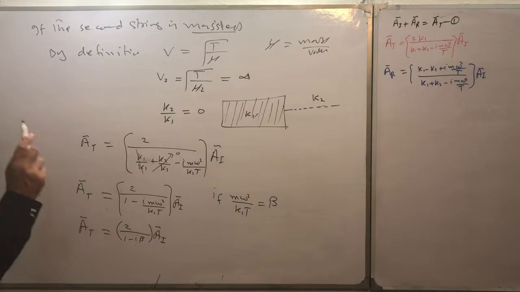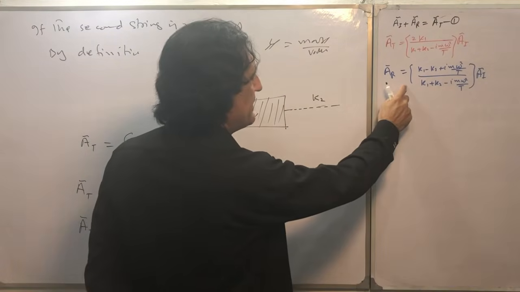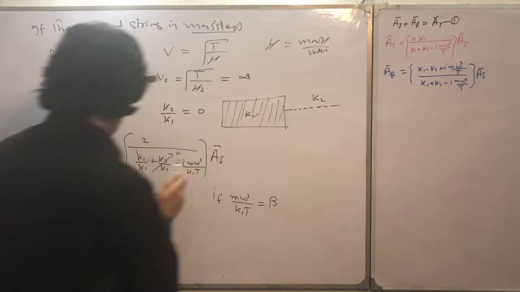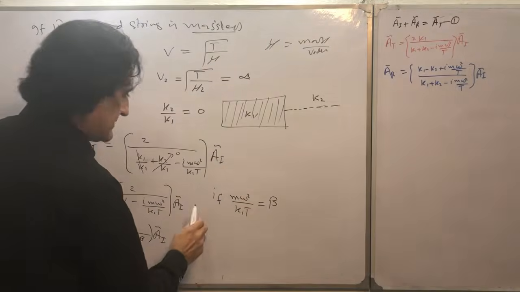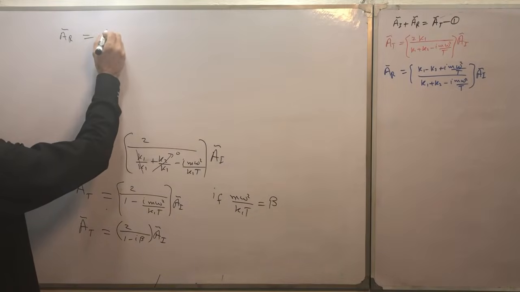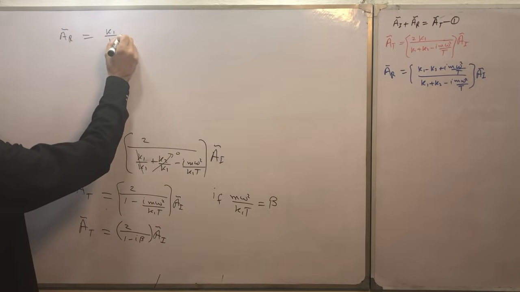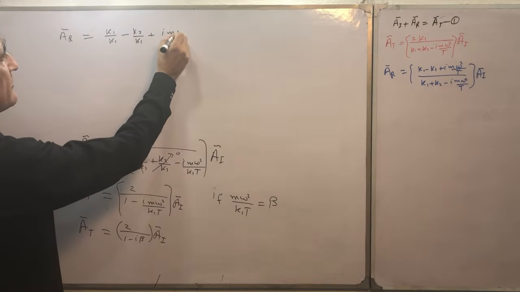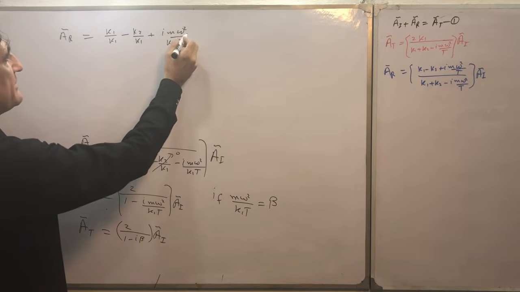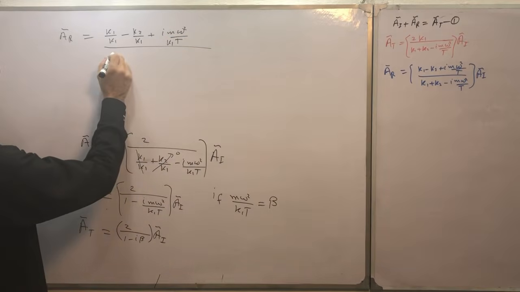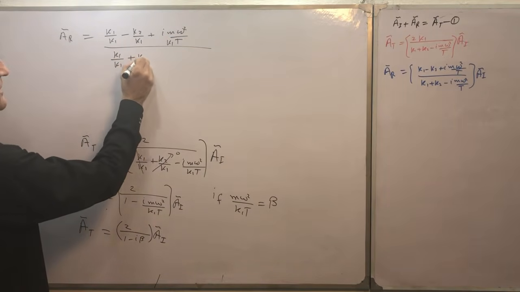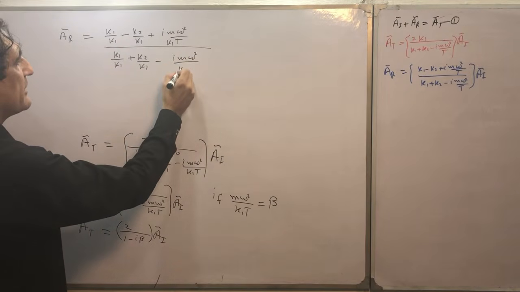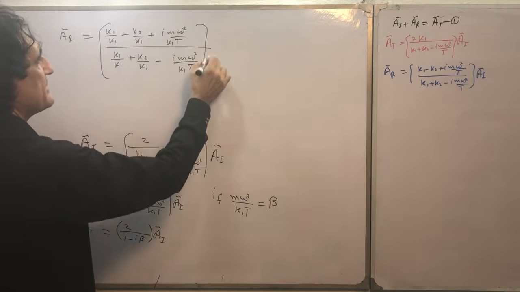Similarly, the same process if we apply for this AR, then AR is k1 divided by k1 minus k2 divided by k1 plus iota m omega square divided by k1 T, all divided by k1 divided by k1 plus k2 divided by k1 minus iota m omega square divided by k1 T, and this is AI.